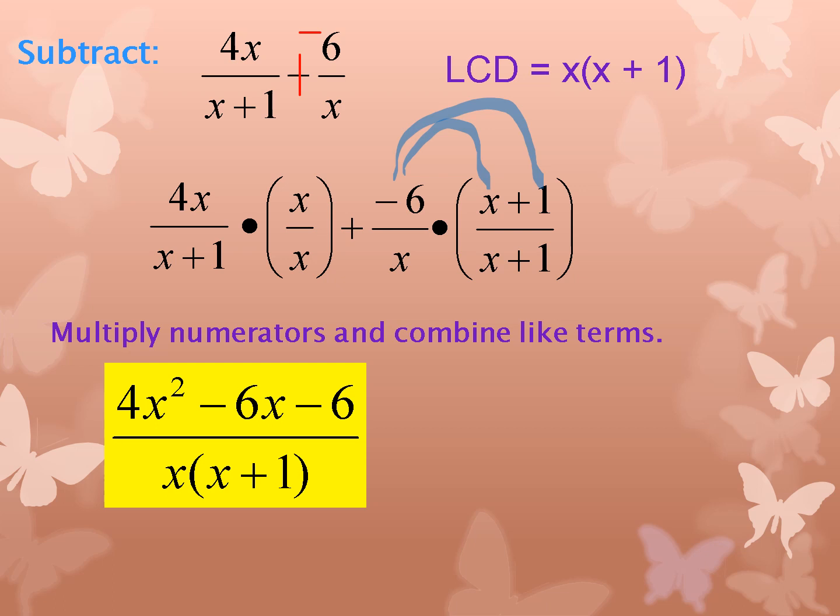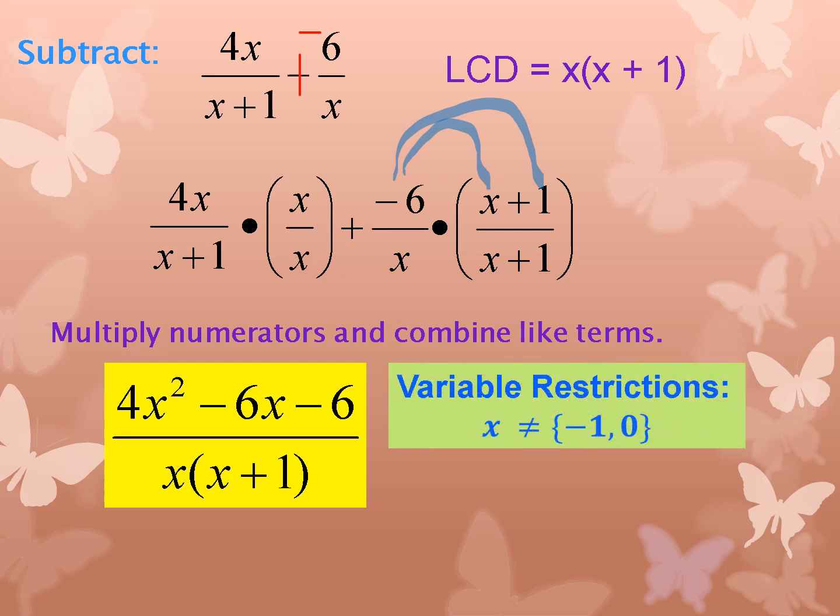Now let's talk about variable restrictions. If I look through my problem, I have x plus 1, x plus 1, and x plus 1. So right away we know that x cannot be -1, because if I do x plus 1 equals 0, I would get x is -1.